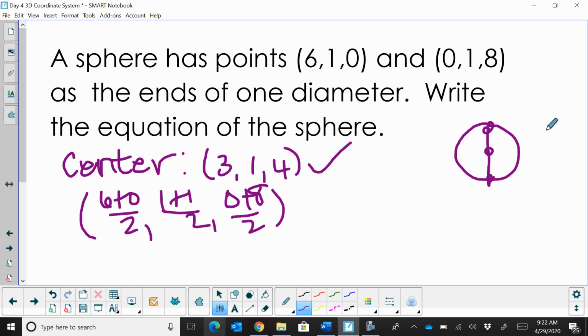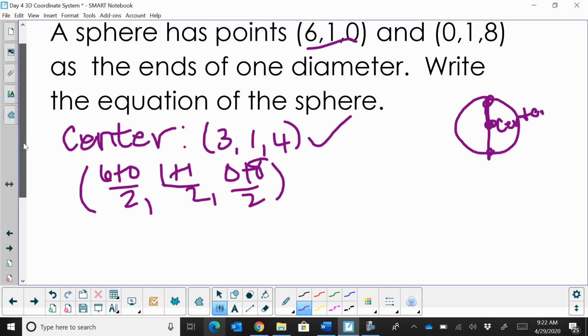Now I need to find the radius. At this point, I can find the radius by finding the distance from the center to either endpoint. So I'm just going to pick this endpoint. Let's find the distance from the center to one of the endpoints.